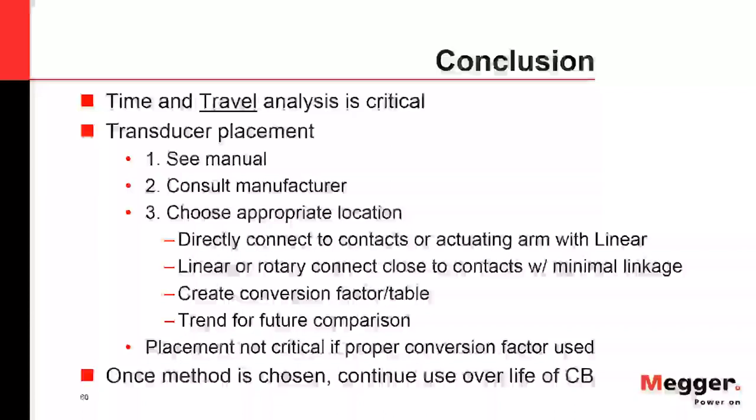But as we learned from that case study, placement is not critical if you're using the proper conversion factor. And once again, once this method is chosen, continue to use it over the life of the breaker. You might be using the wrong connection, or not the manufacturer's recommendation, but if you go through this, hook it up and trend your results, you'll still have valuable data.